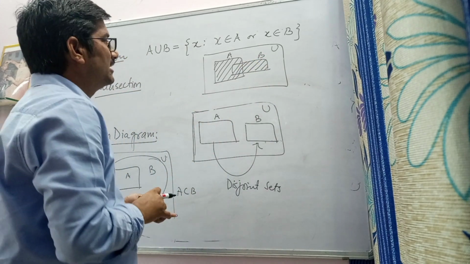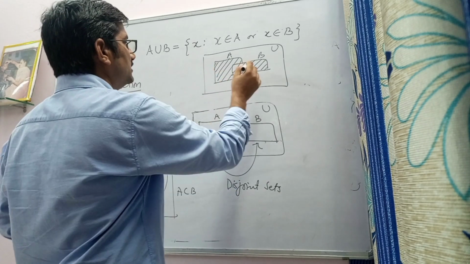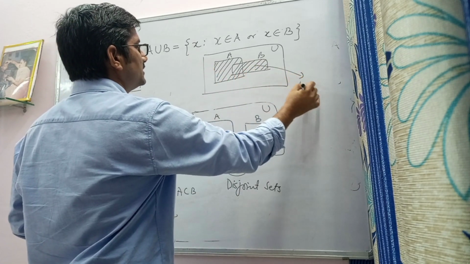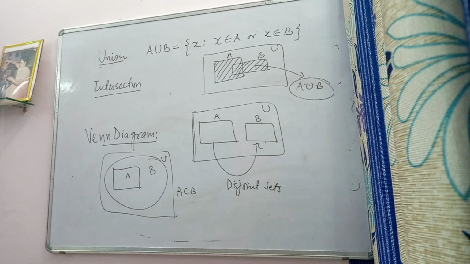So you have a single pattern in A and B covering this one. This shaded portion can be represented by A union B.